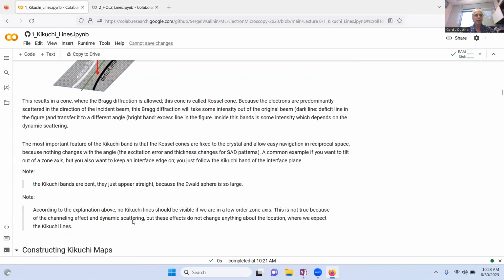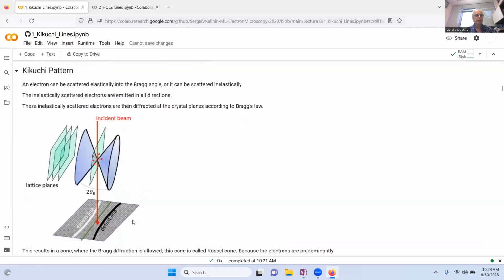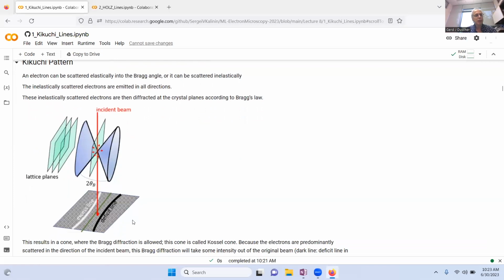So if we go for the same kind of thing, we have scattering to very high angles by the higher order Laue zone. So we have an excess line in this higher order Laue zone ring throughout in the angles, but we have a deficient line.